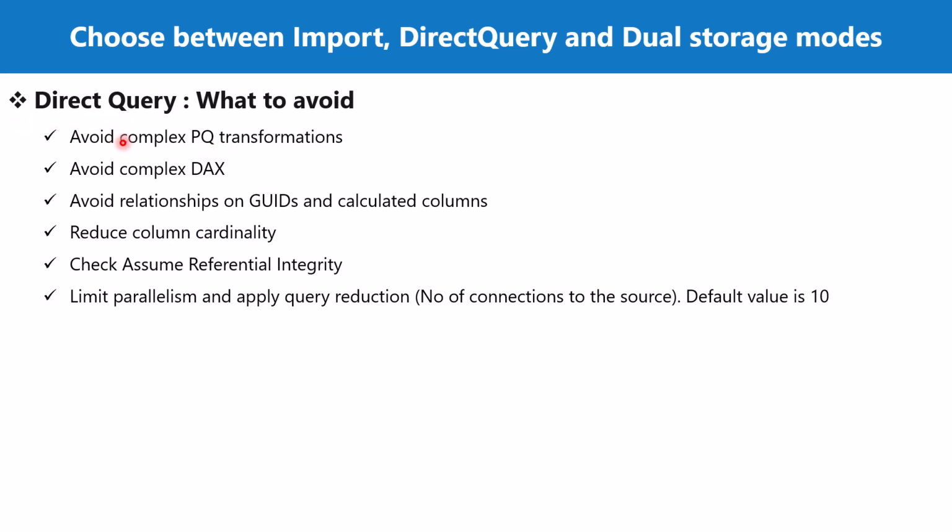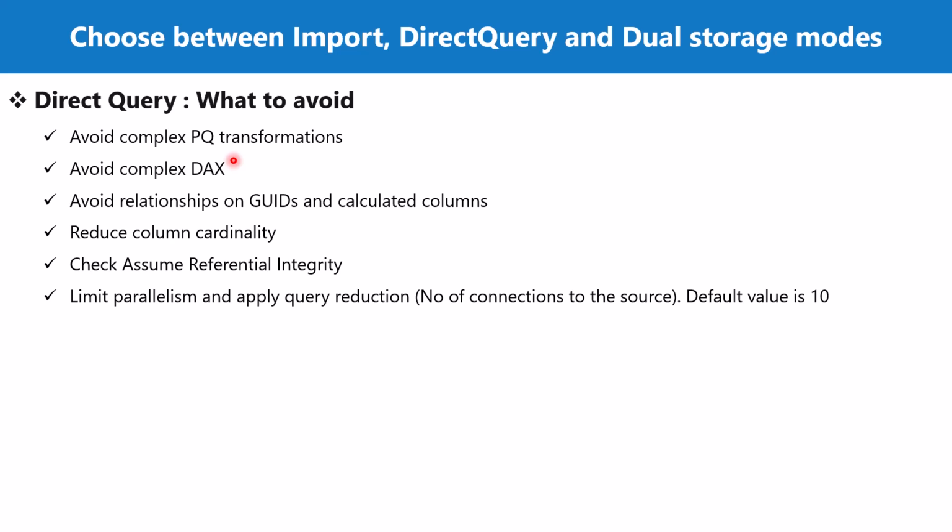We have already said that there are certain functions that you cannot use inside the Power Query environment, but there are certain complex functions or certain transformations that you can use but should avoid, and that has something to do with a concept called query folding, that once we are connecting to a direct query storage mode, then we have that particular concept.